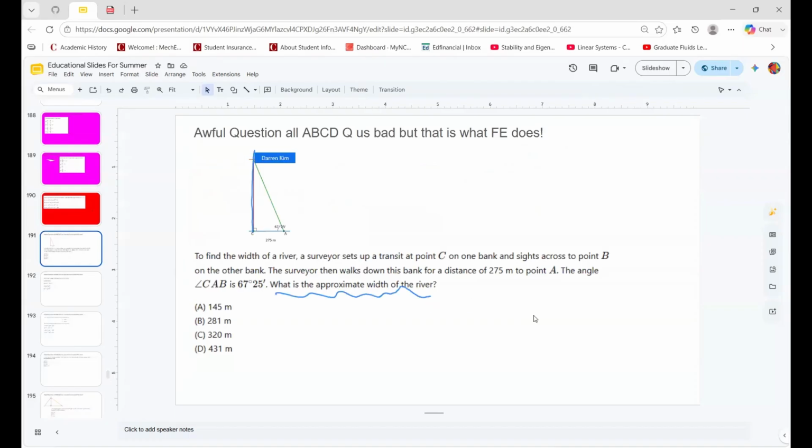Width of the river. So the width of the river, we know this angle, we know that angle. Because if you think about it, we know 27.25 divided by sine A, sorry, this is wrong. Delete all this. I messed up. So this is 180. Okay, we're not stopping until we finish this.